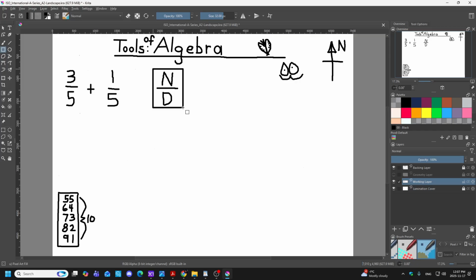With addition, you're really adding the numerators, and with multiplication and division, which we'll do some examples of, that's a different procedure. So let's just focus on adding and subtracting in this video, and then stay tuned, and we'll do some simple, easy multiplication and division.